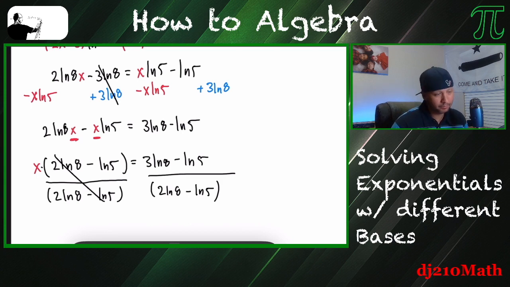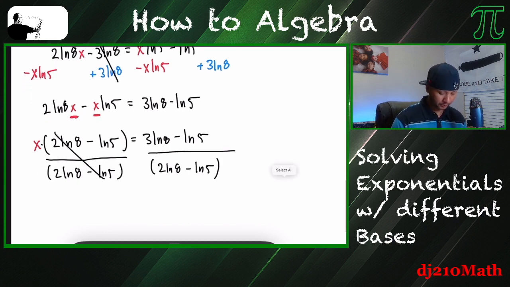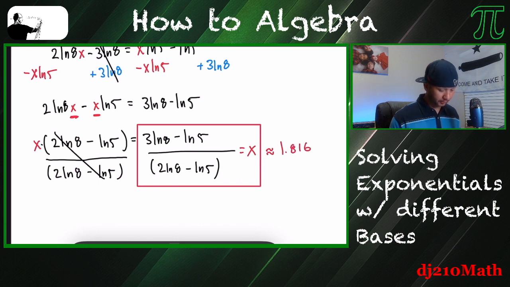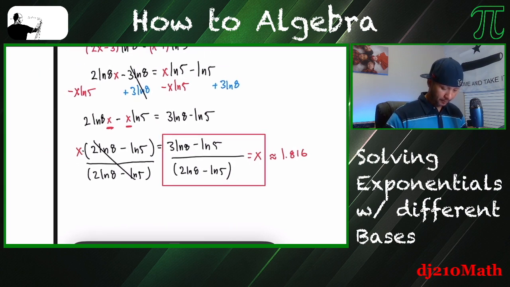Just can't do it. Okay, so x is equal to everything that's on the right here. So x is equal to this. And if we want to approximate it, so approximately 1.816.